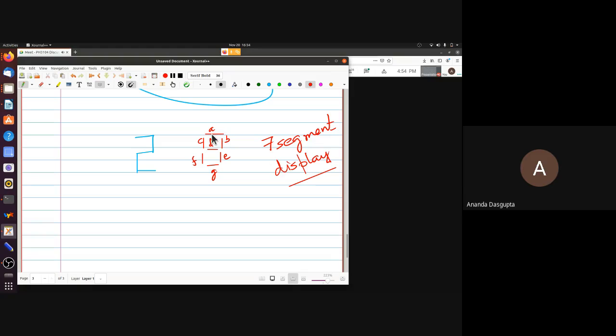But the question that could be, after all, how many numbers are being input here? What are the inputs? The inputs are the digits 0 to 9, right? How many are they? They are 10 in number. But in binary, if you want to express 10 distinct inputs, you can't really do that.